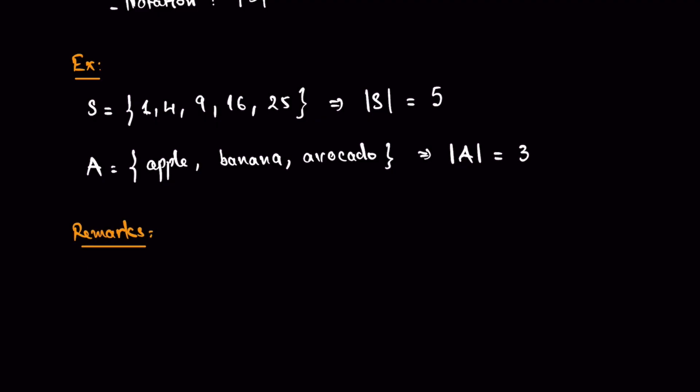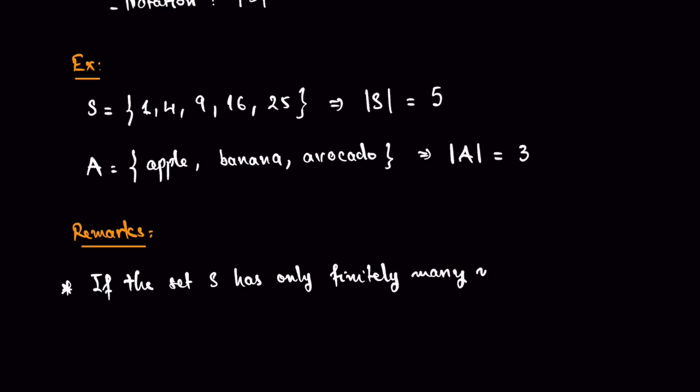Now I have some remarks for you in terms of defining finite sets and infinite sets. If the set S has only finitely many elements, then the cardinality of S is a finite number.